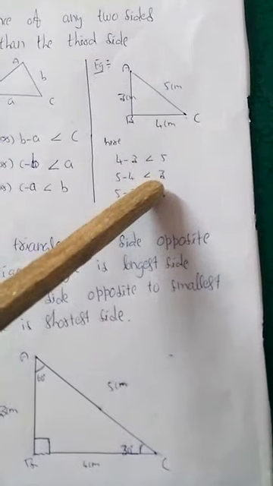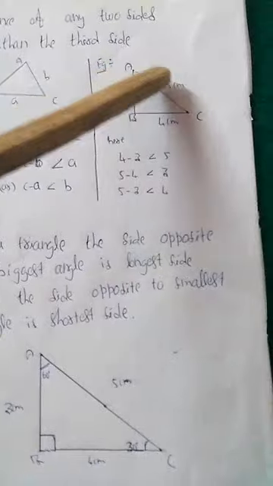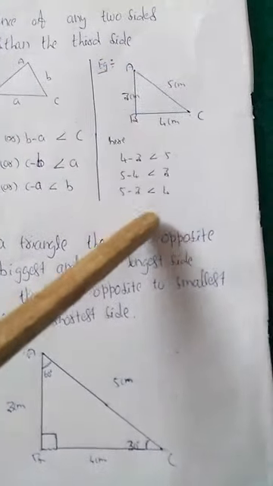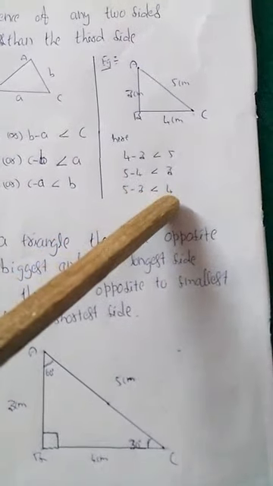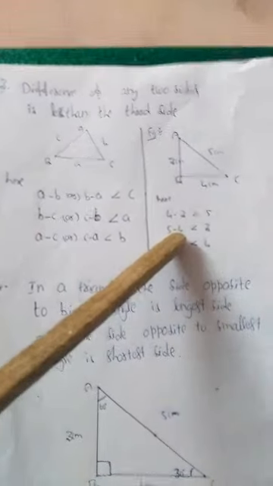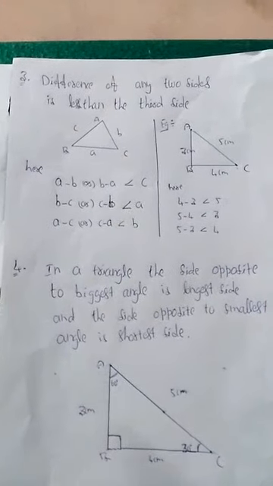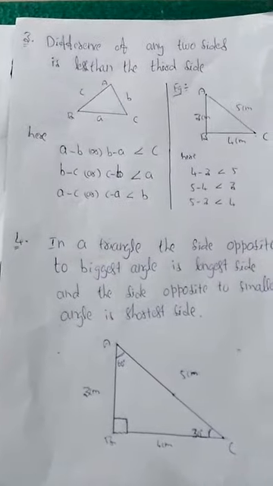That means 1 is less than 3. And the next one, the difference between 5 minus 3 is 2, clearly less than the third side. That means 2 is less than 4. So we can say the difference of any two sides of a triangle is less than the third side.